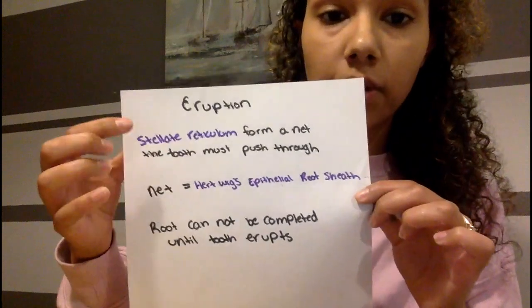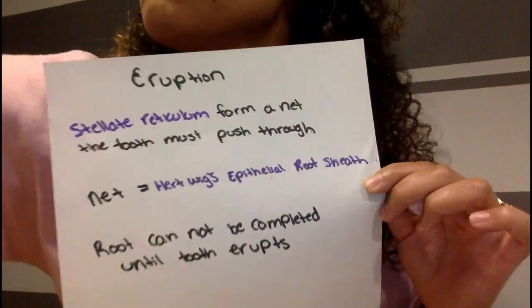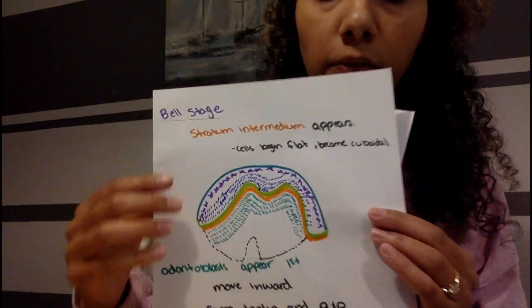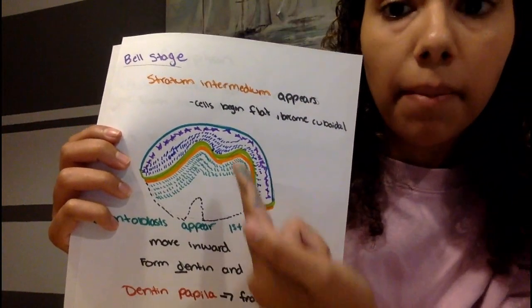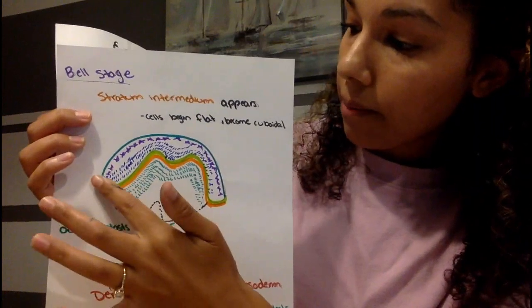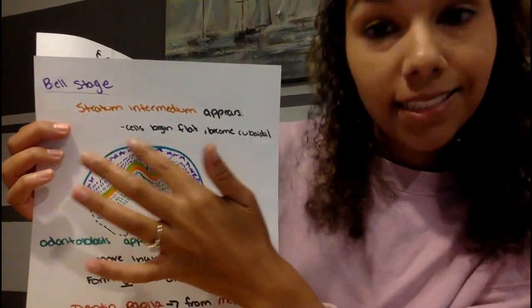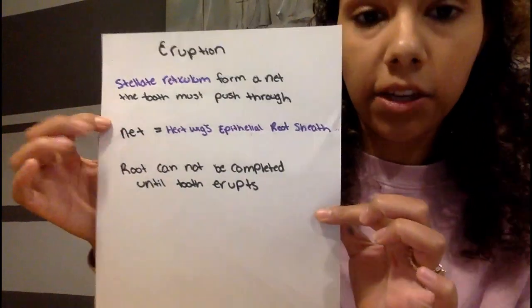After the apposition stage, we're ready to erupt. The eruption happens starting with that stellate reticulum. I'm going to pull up that other picture, like I said I would. As we talked about before, the ameloblasts are pushing that stellate reticulum up. It doesn't just disappear. It goes all the way up until it makes the sheath. It's Hertwig's epithelial root sheath.